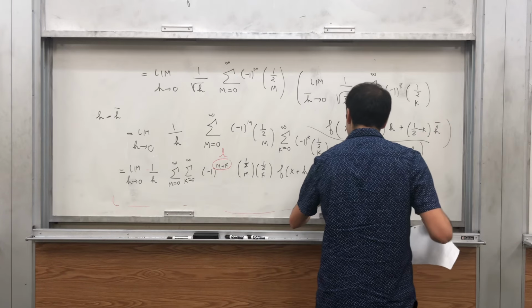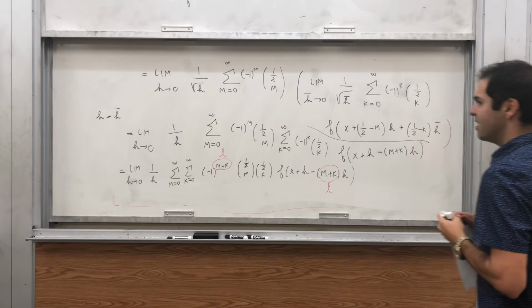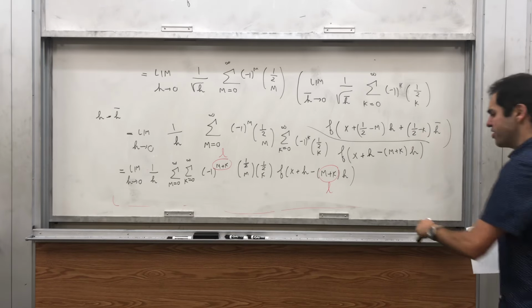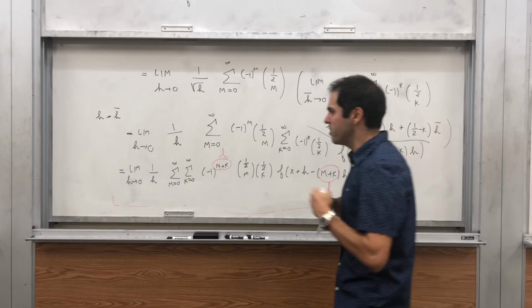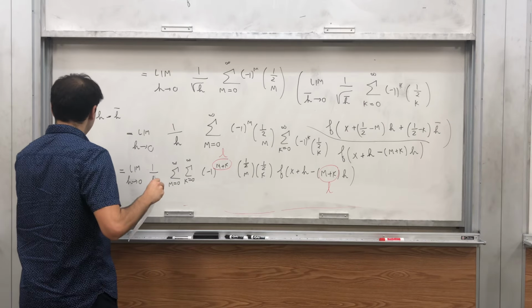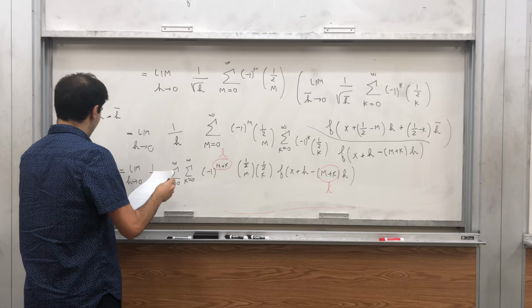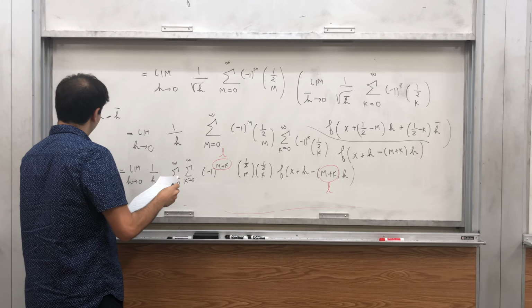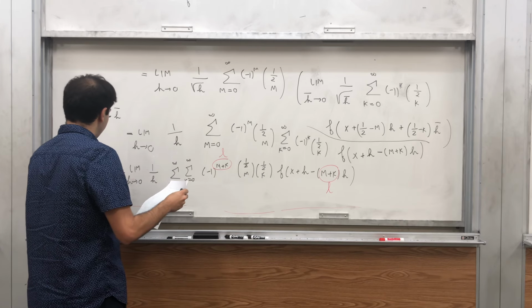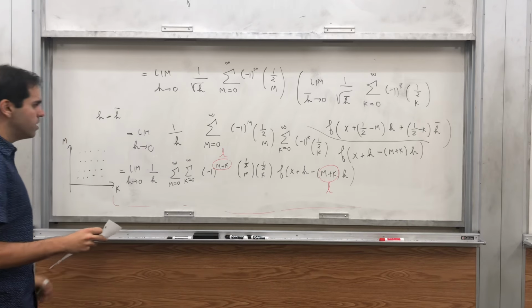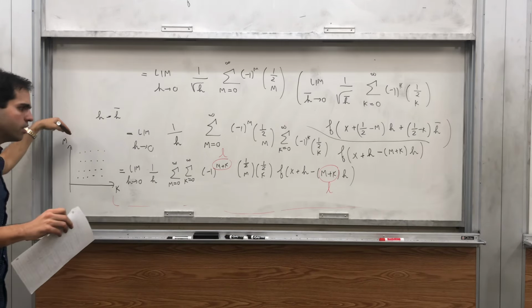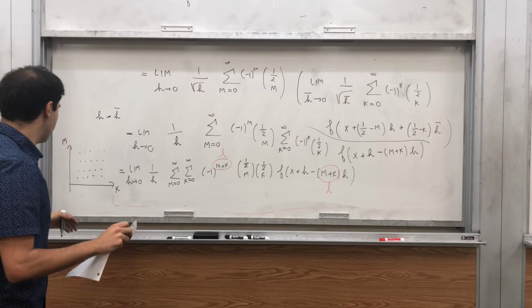So let this be L, and let this be L. And what are we summing on? You notice this is kind of like a double integral, but discrete. So this is really the sum over all k and over all m. And what we want to do is sum over the sum m plus k.